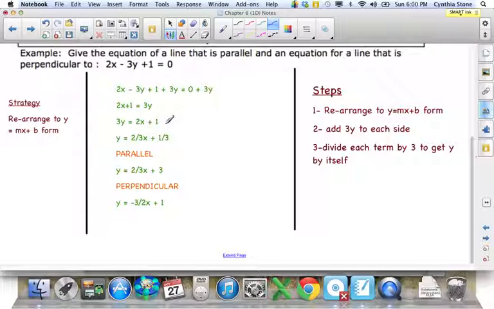Then divide each term, and again, I can't say how important it is. You divide each term by 3. So divide this by 3, this by 3, and this by 3 to end up with y equals 2 over 3x plus 1/3. Okay?